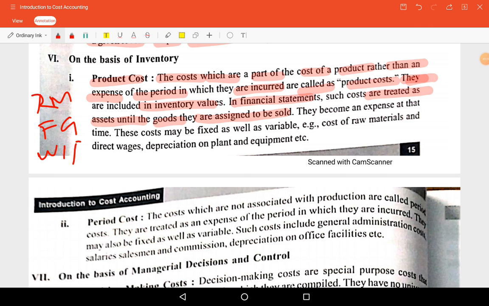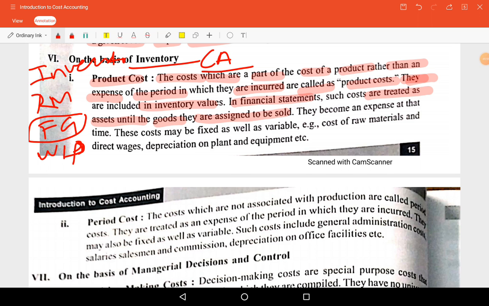Until goods are assigned to be sold, they are treated as inventory, finished goods but not sold.